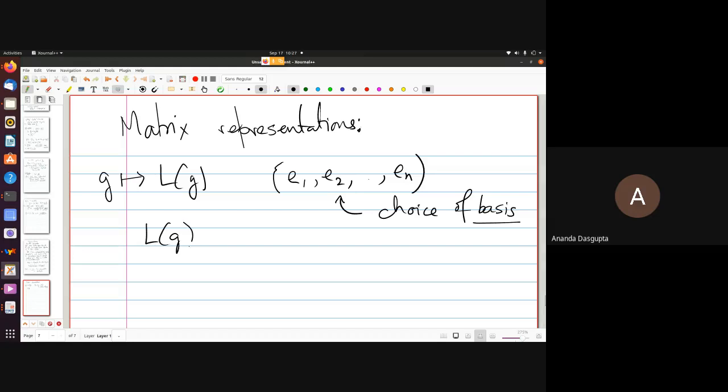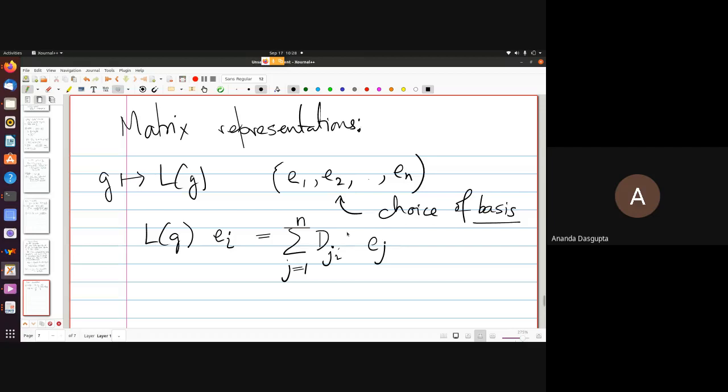Okay, so what I do next is I apply LG on E1, E2, En, in general on any Ei. This is the part which I'm pretty sure I covered in great detail before. LG is a linear operator. It acts on a vector to produce another vector. So LG acting on Ei must produce a vector, and because E1, E2, En is a basis, it must expand in terms of E1, E2, En, with numbers in front.